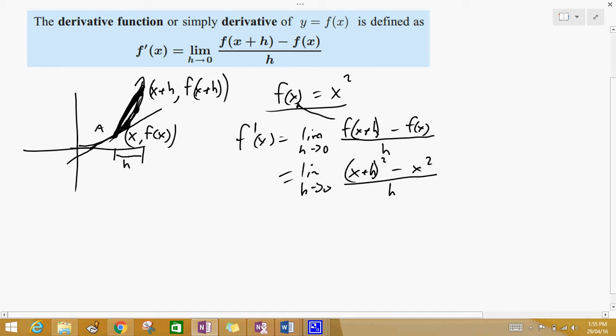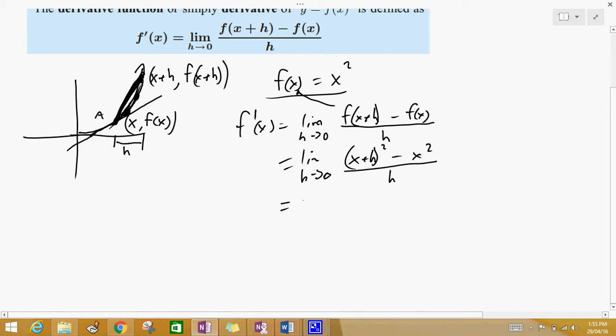Now if we put in h equals 0 into this, you would get 0 on the bottom, and that just doesn't work. So let's play around with it. The limit as h approaches 0 of x squared plus 2xh plus h squared minus x squared, divided by h. And we notice that the x squared and the x squared are gone. And we also notice that we can cancel out the h with the h and the h.